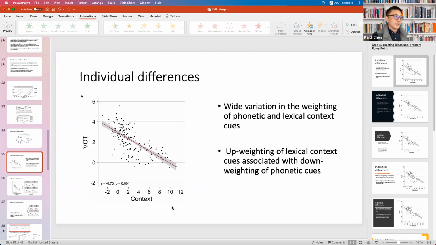We pull out the slopes for VOT and context, which are in one nested structure, and then use them to form the correlation metrics.